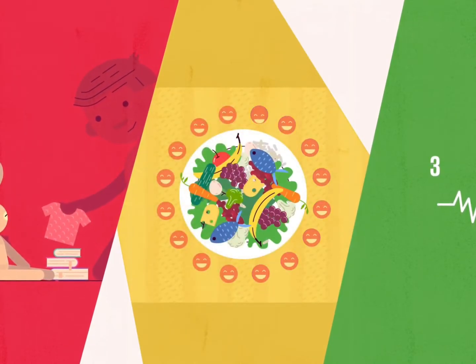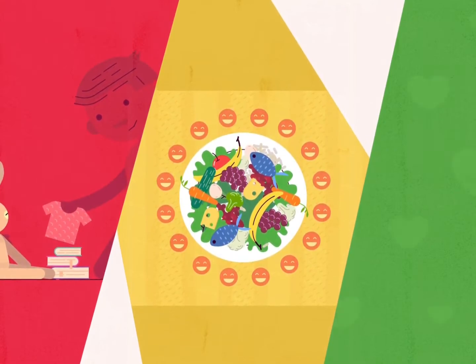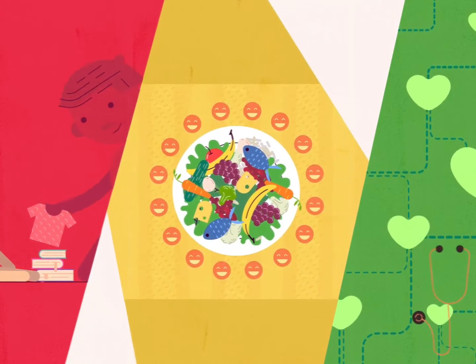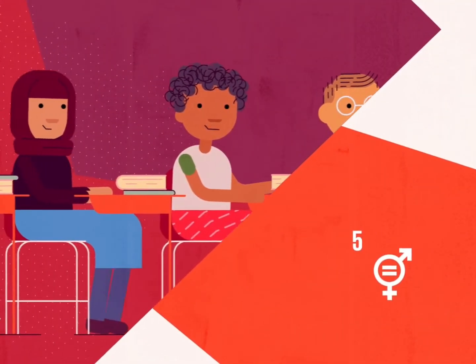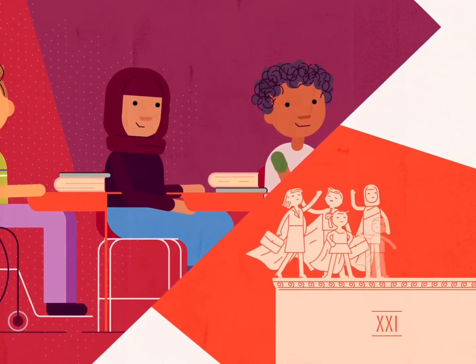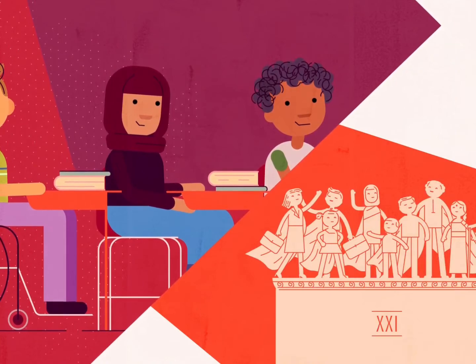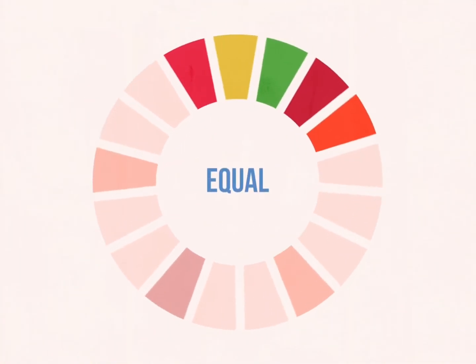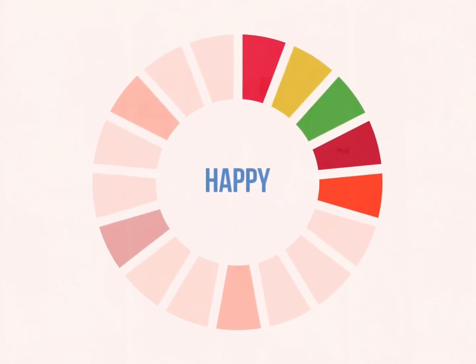Everyone should have safe, nutritious, and sufficient food. Everyone has equal access to healthcare, thus ensuring our well-being and a healthy life. Equal access to a quality education. Ensure gender equality where women and girls have the same opportunities as men and boys. By achieving these goals, each member of our society will be equal, safe, and happy.